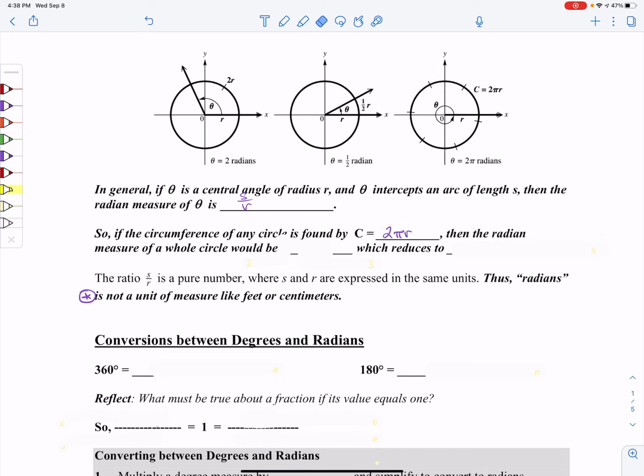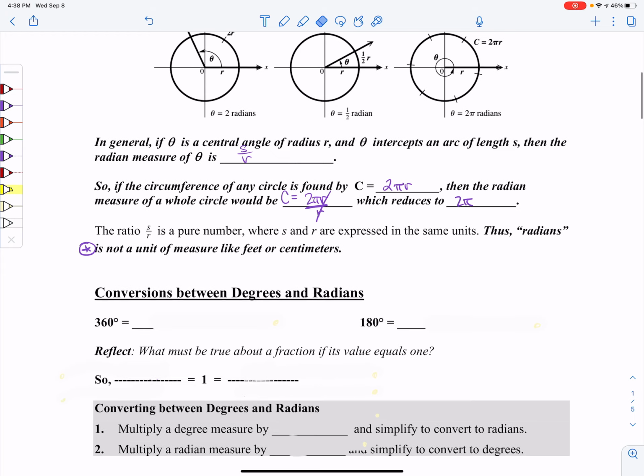So if the circumference is found by 2 pi r, then the radian measure of a whole entire circle, using s as the whole entire arc length, is 2 pi r divided by r. Your r's will cancel, leaving you only with 2 times pi.